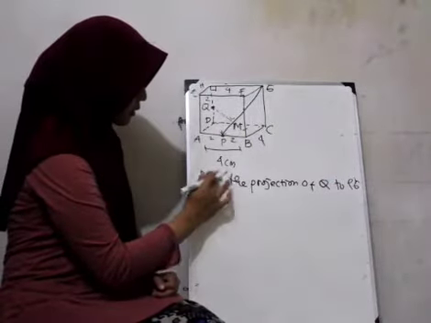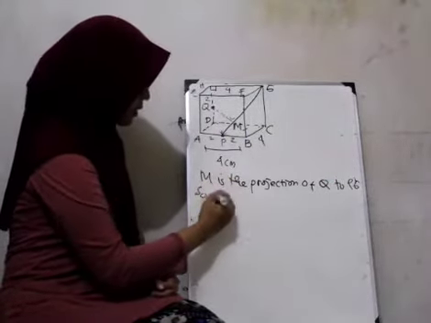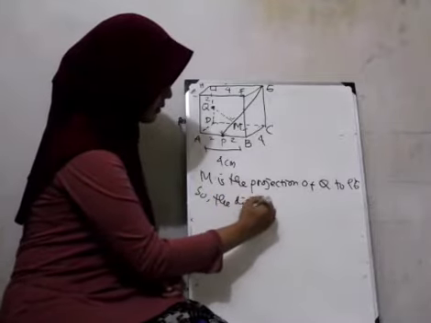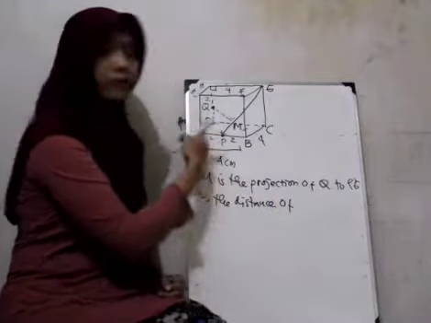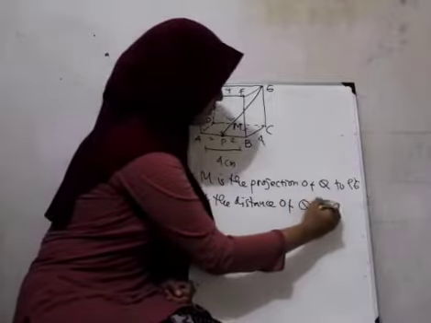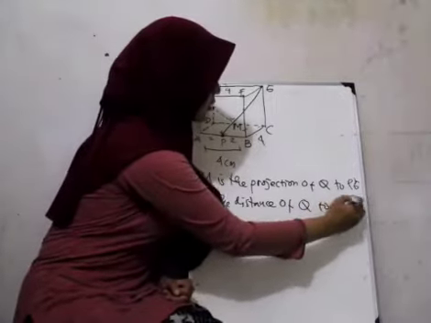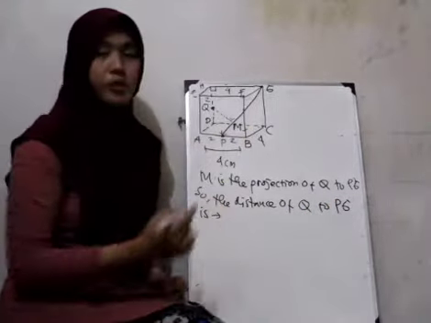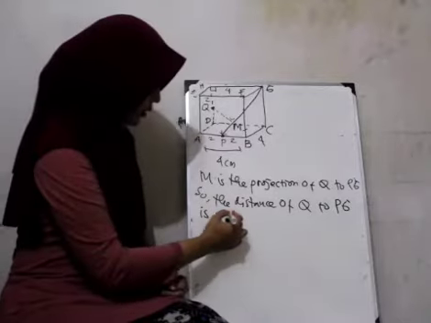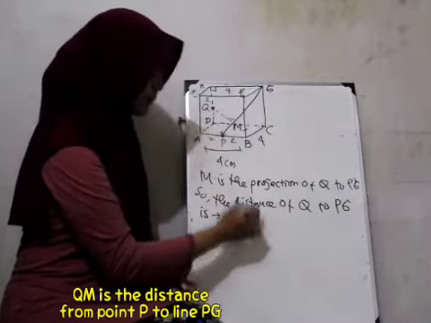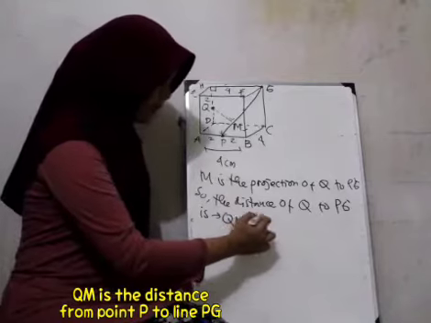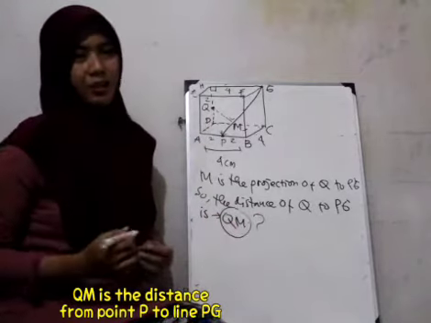So the distance of Q to PG is represented by the line QM. So our purpose here is finding the length of QM.